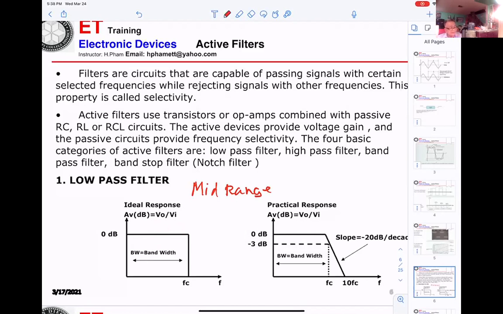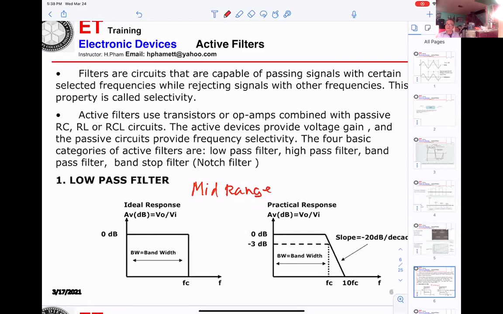What happens at the mid-range? Does the signal lower to -3 dB?